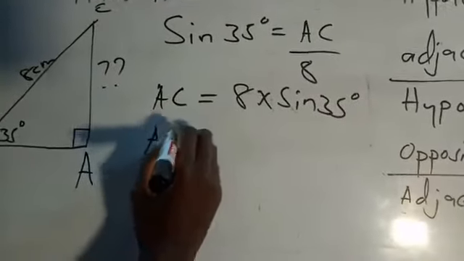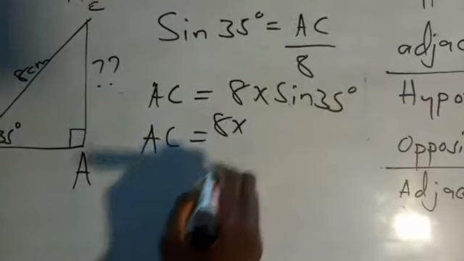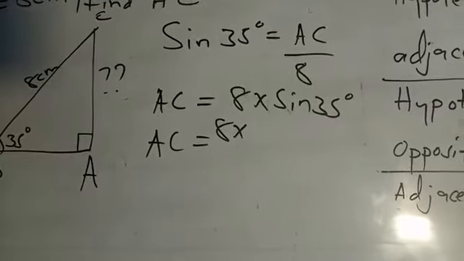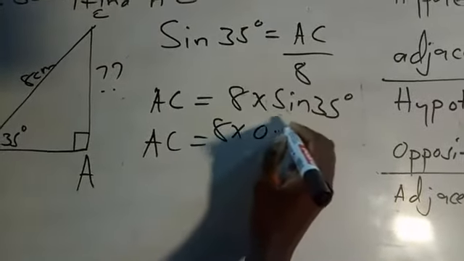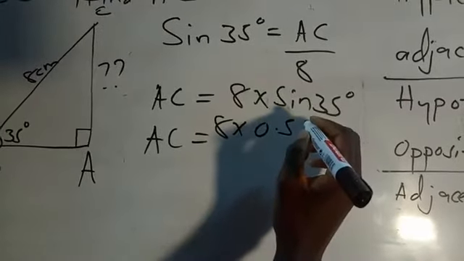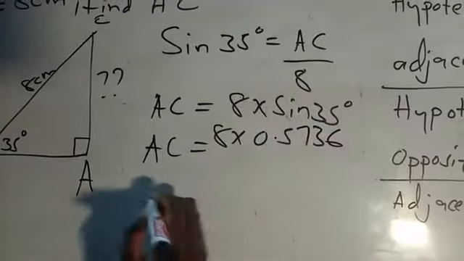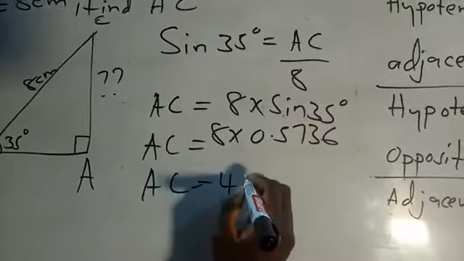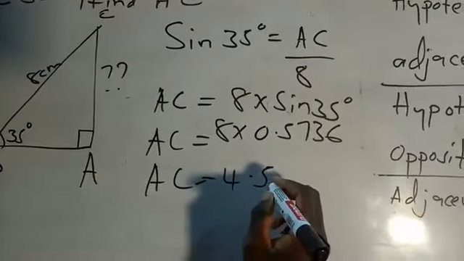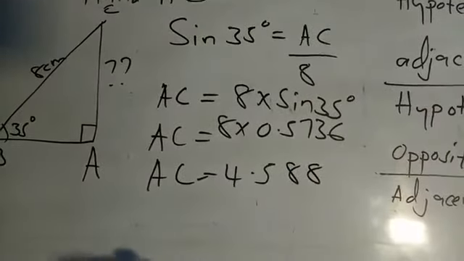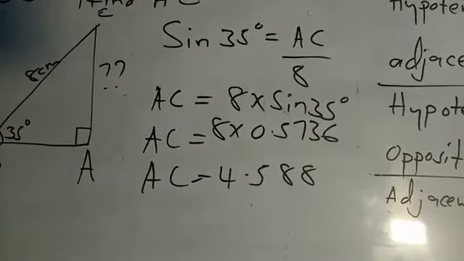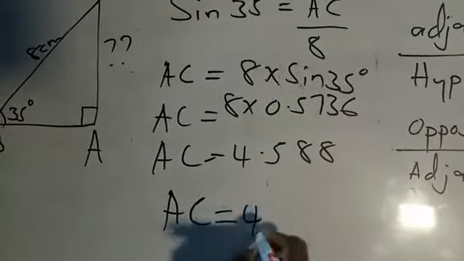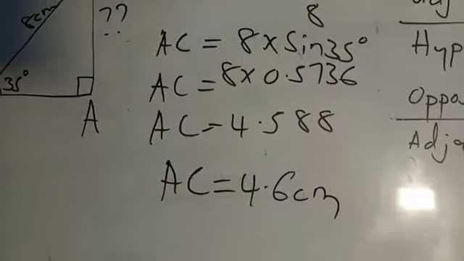If we get sine 35, it will be equaling to 0.5736, and line AC equaling to 4.588, and if we round off, we shall get AC equaling to 4.6 centimeter.